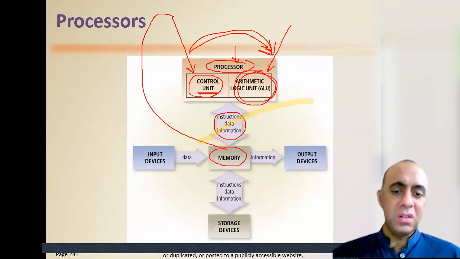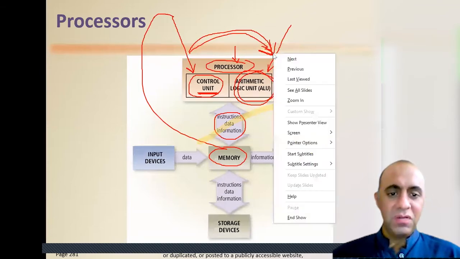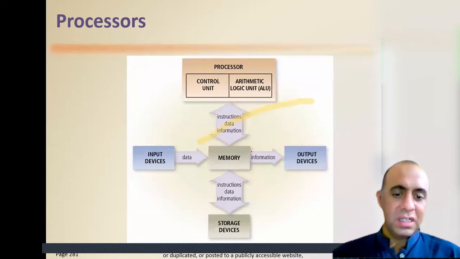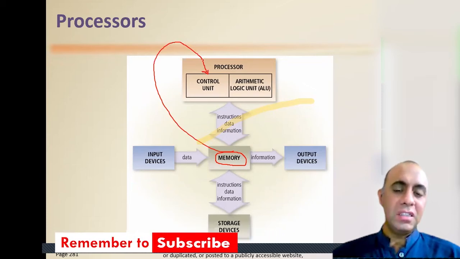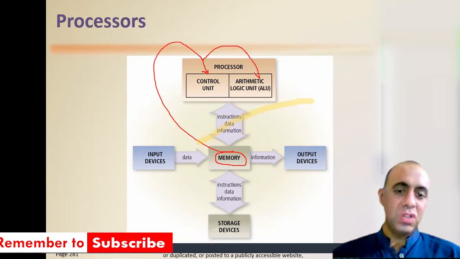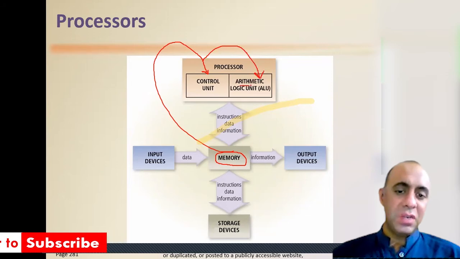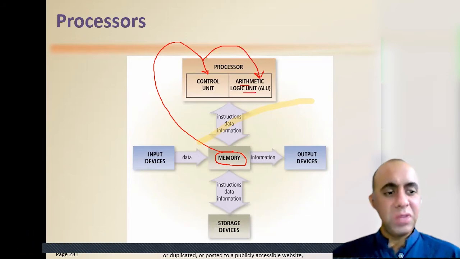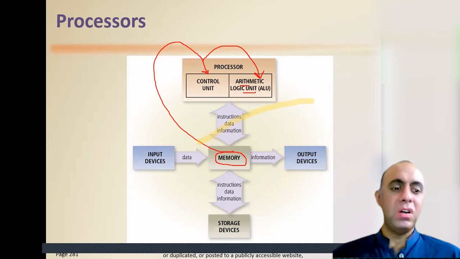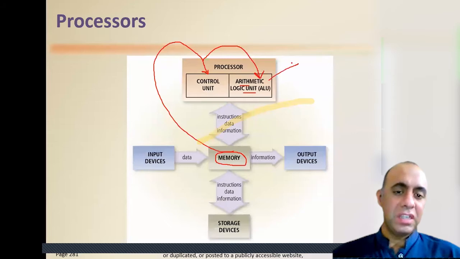So the easiest way of saying what is going on here is that there are commands, instructions written inside memory. The control unit, which is inside the processor, brings in those instructions, and then it sends the data of those instructions to the ALU, which is called the arithmetic logic unit, which performs different calculations and different logical decision making steps, works with the data, and then it takes certain decisions.